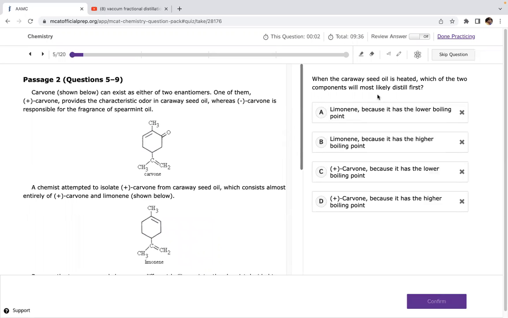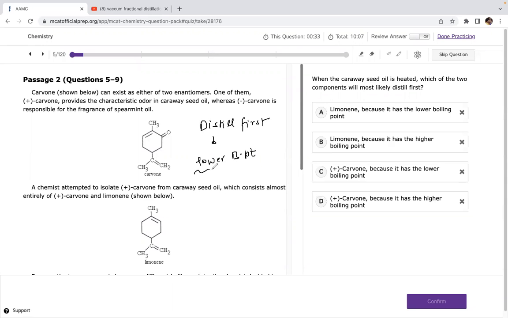Okay, now when caraway seed oil is heated, which of the following 2 components will most likely distill first? Distill first. So one thing is very clear: distill first means lower boiling point.